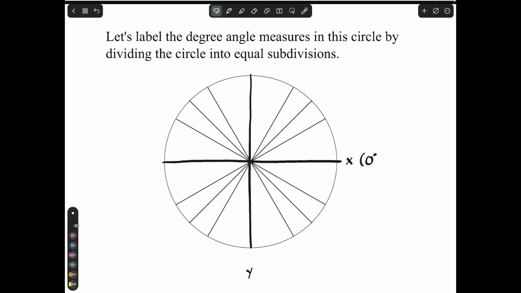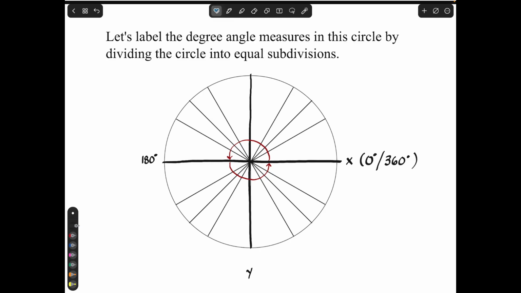And as we rotate halfway around the circle over to here, this one is 180 degrees. We're halfway around the circle. And then as we continue all the way back around the circle, it's another 180 degrees. So when we get back to 0, we've gone a total of 360 degrees. So our right side is 0 and 360, our left side is 180.